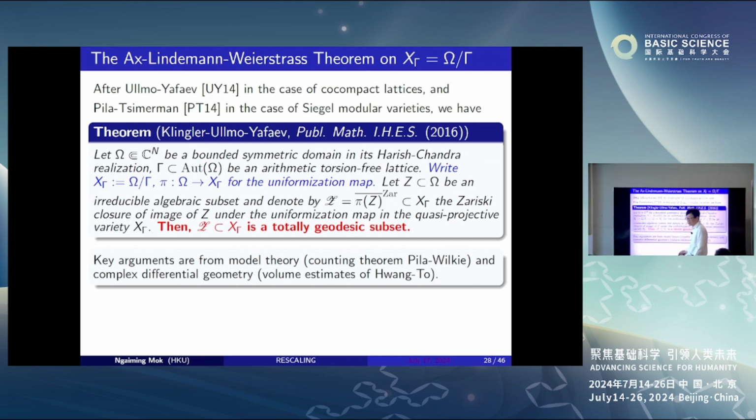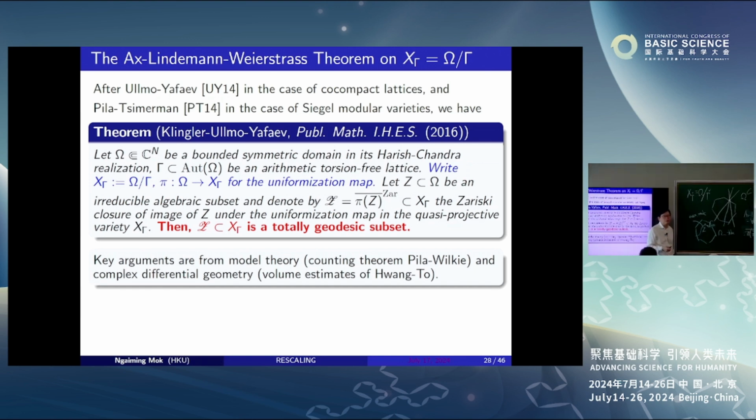The basic thing comes from model theory, and there are estimates of the size of points with bounded heights, essentially. This kind of estimate, without being able to explain it here, I explained last year for the Future of Science Award.